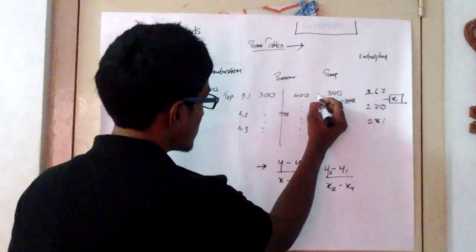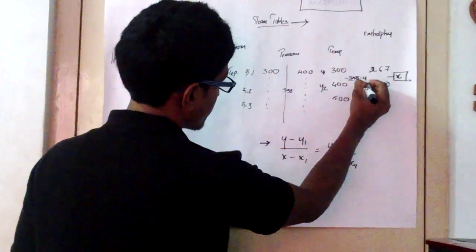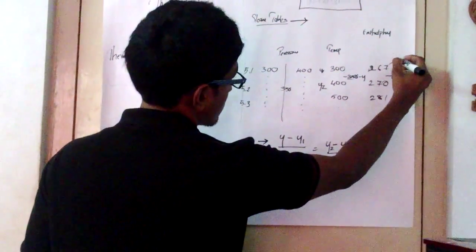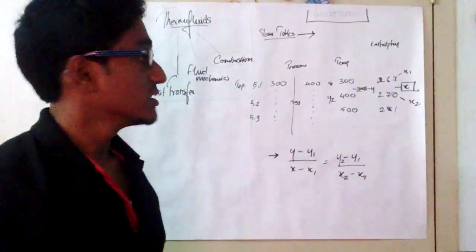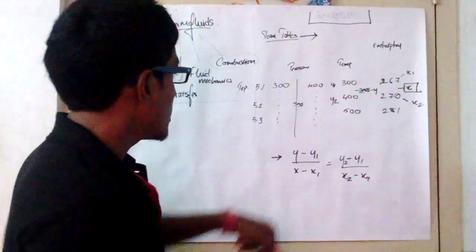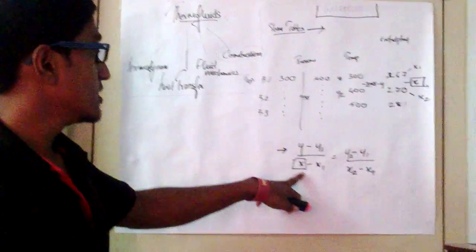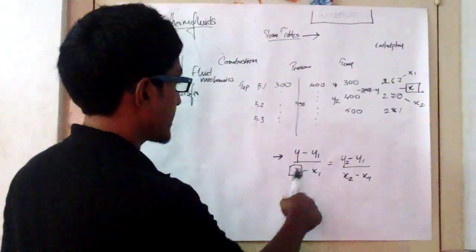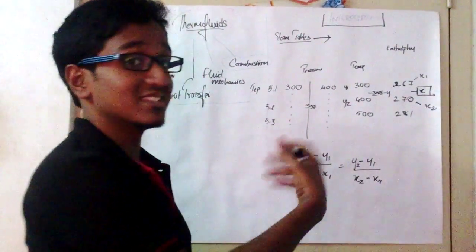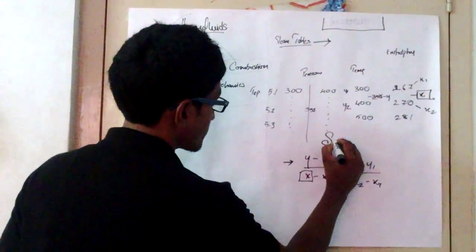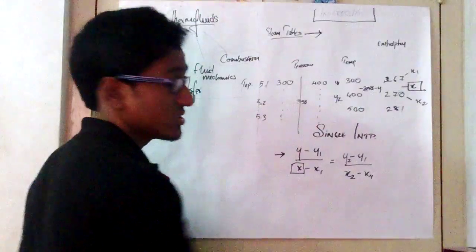The value before is going to be y1, the value after is going to be y2, and the unknown is y. Similarly, the value before is x1, after is x2, and the unknown value is x. Put these things in the formula. You have one unknown and one equation. You just pick out the values, put them in, and you'll get the unknown value. This is called single interpolation.